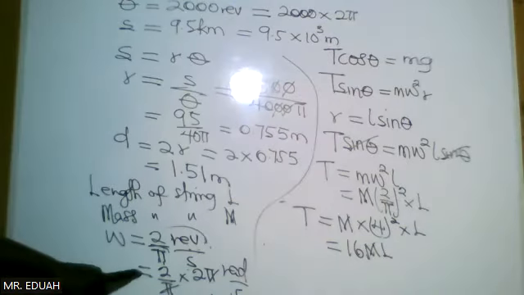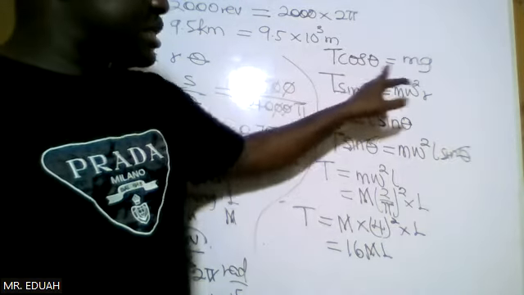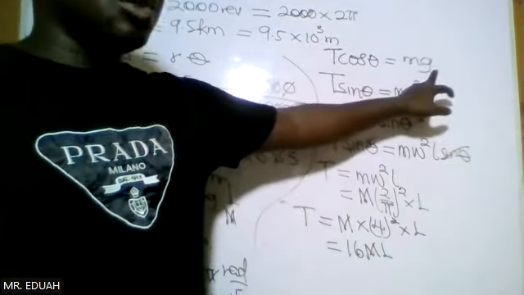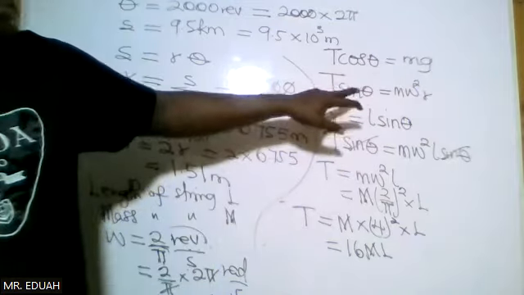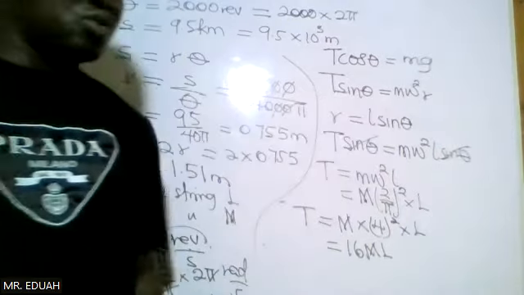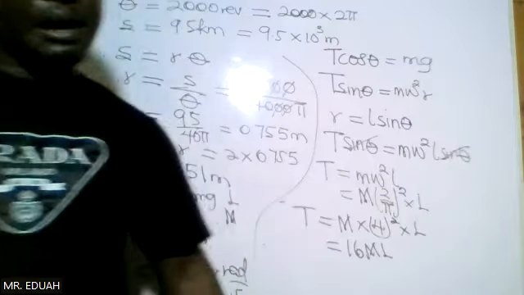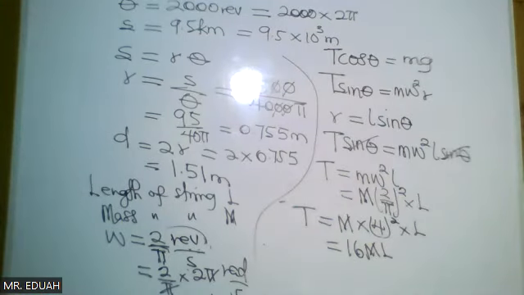I was given angular velocity omega. When I equate T cos theta to this, it has nothing to do with angular velocity. And so the obvious one must be T sine theta connecting to the centripetal force, within which we have m omega squared, or within which we have the angular velocity.